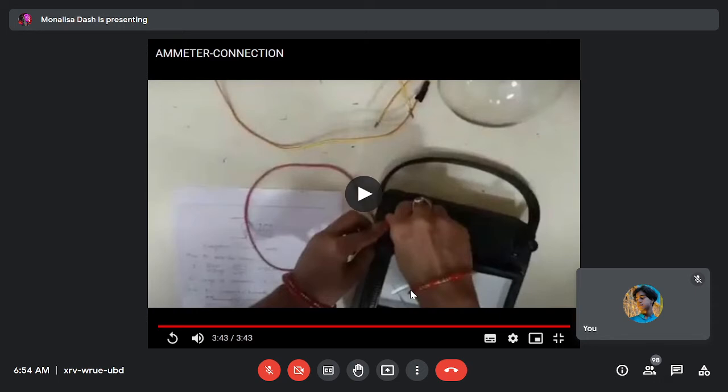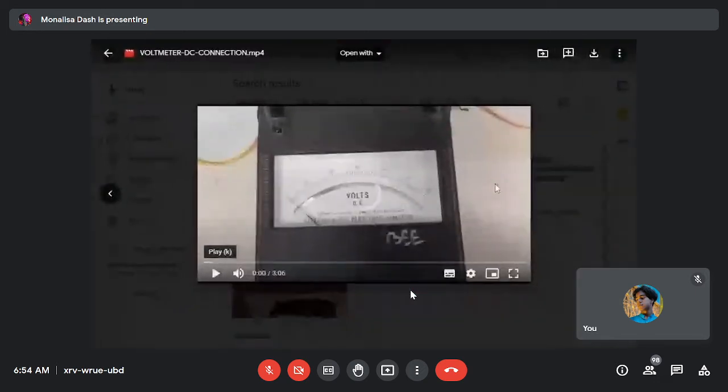Excuse me, ma'am. Ma'am, here in the formula I is equal to power by voltage, we have taken the voltage as 230 volt, but here the DC supply is 220. Why have we taken 230 volt? Yes, for V we have taken 230.